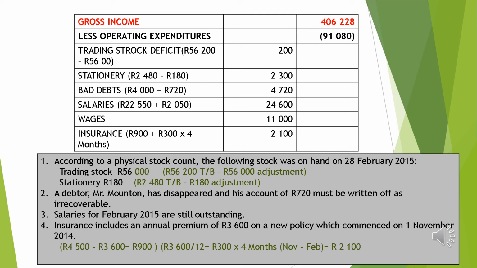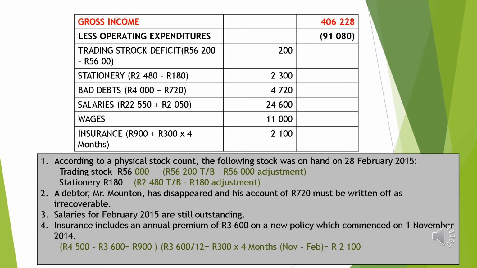So we were paying as from 1 March until the last day of October, before we started a new policy which started on 1 November. So it will be for 12 months, but starting as from 1 November. So this is how we are going to calculate this amount.